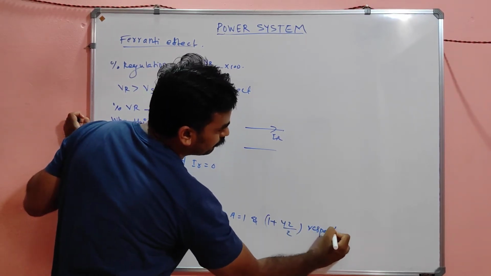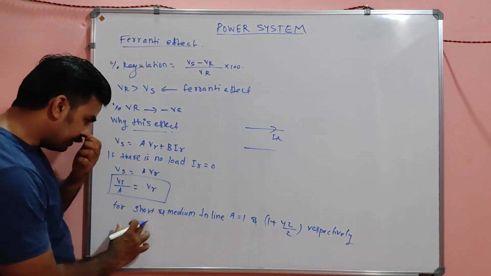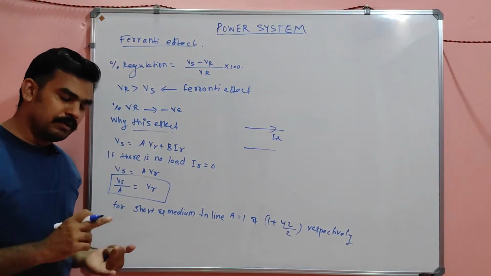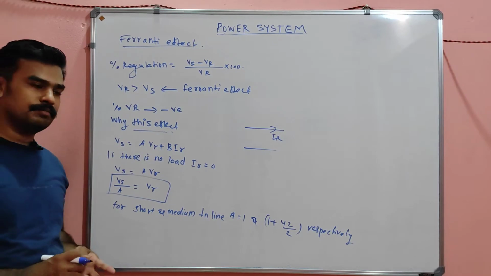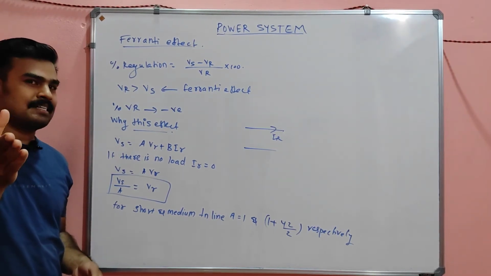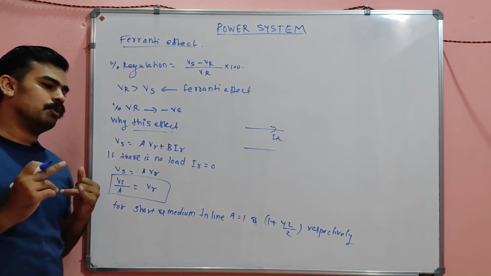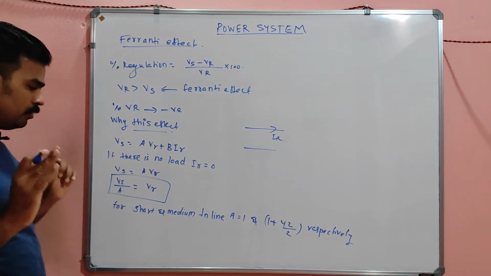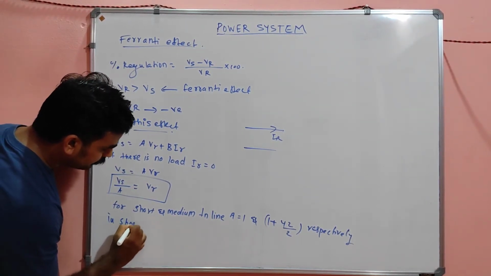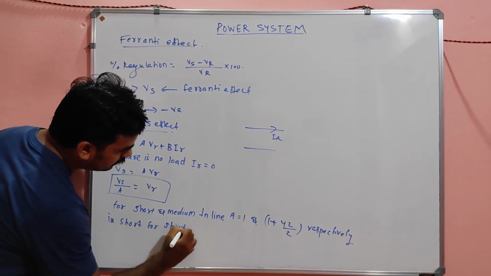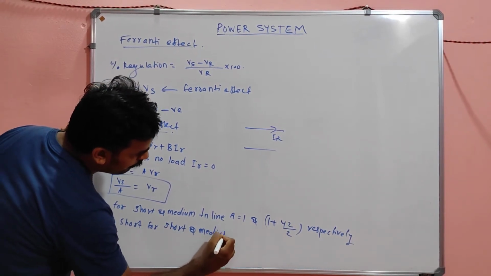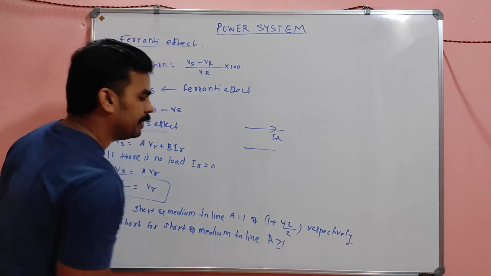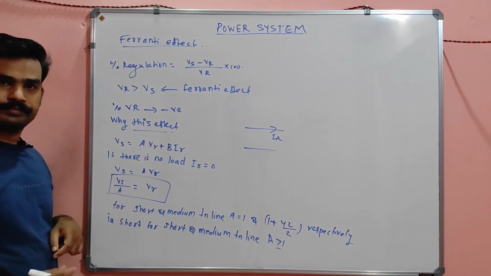For a short transmission line you got A equal to 1, and for a medium transmission line, whether nominal T method, nominal pi method or end condenser method, you obtained A as 1 plus YZ or 1 plus YZ by 2. In short, for short and medium transmission lines, A is greater than or equal to 1 in both cases.